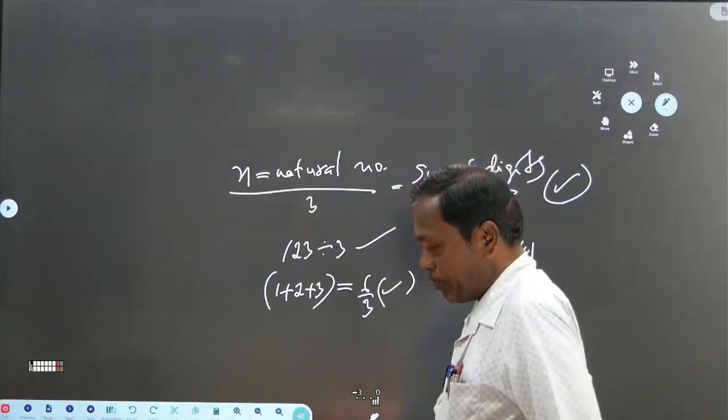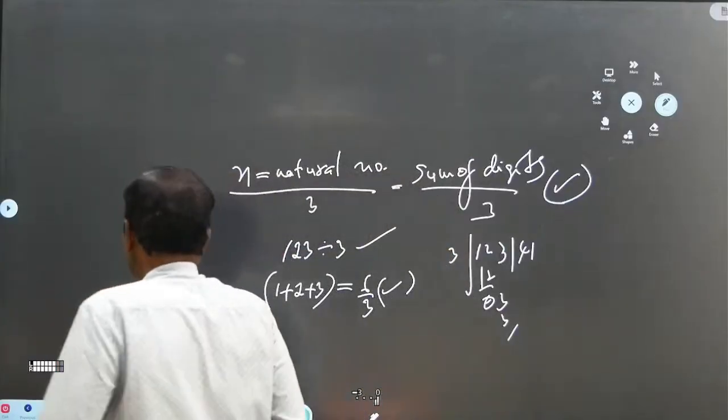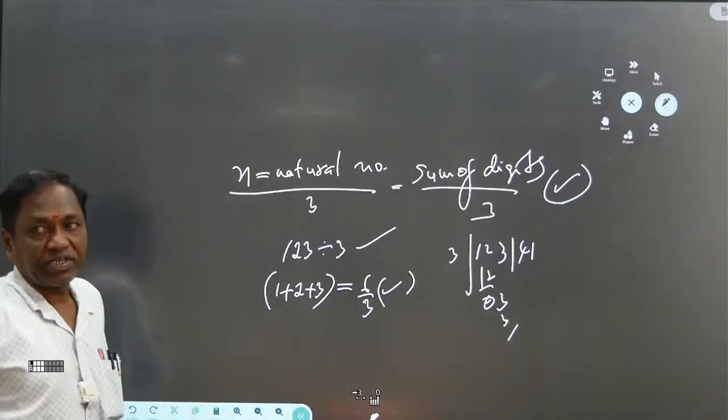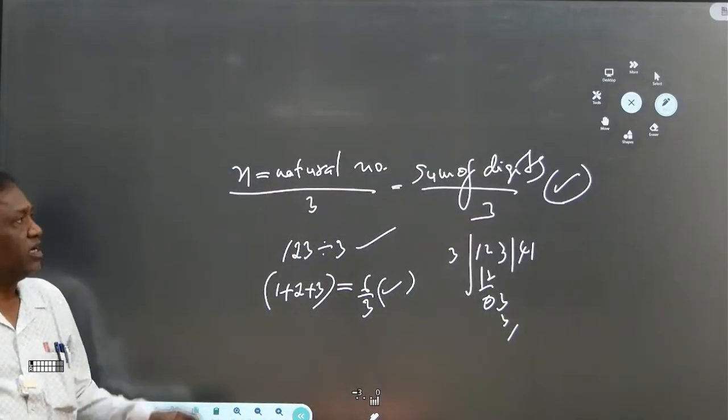That's why when counting prime numbers, let us see which numbers we do not take.